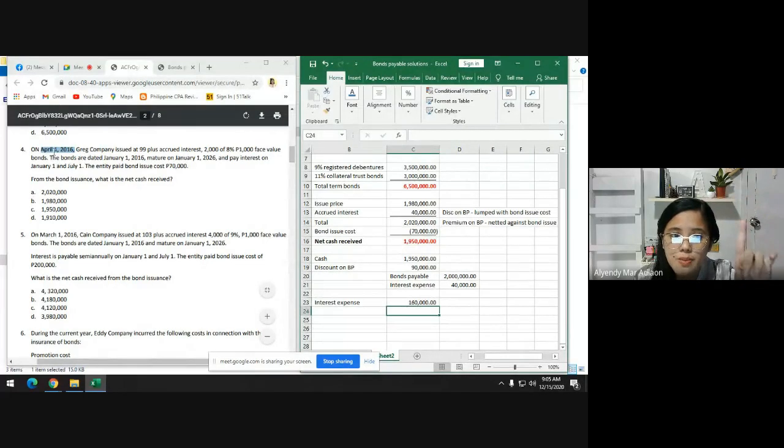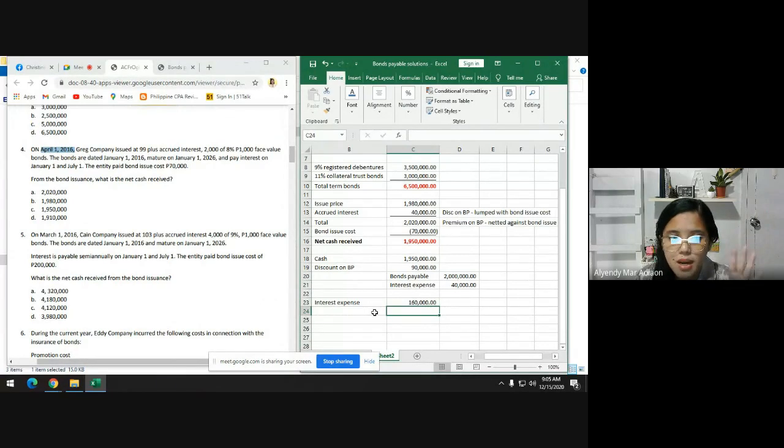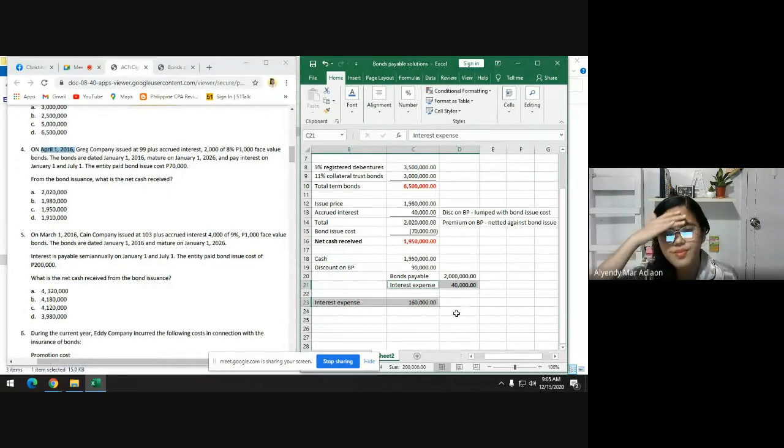Pero actually, April 1 pa man gisugdan og utang, so April 1 pa dapat mag-start og count sa interest expense. But the effect is good na siya sa April 1 because we debited 160,000 and we credited the 3 months which is 40,000. So in effect, that is 120,000 only, good for 9 months.